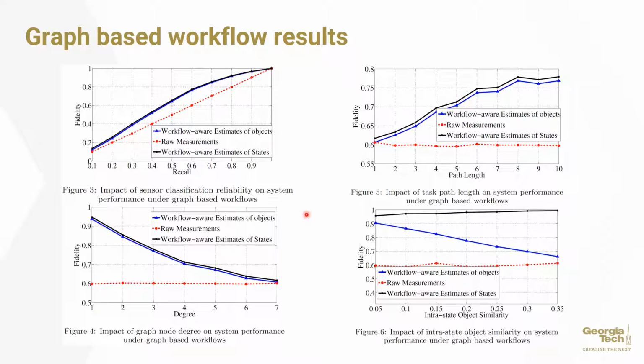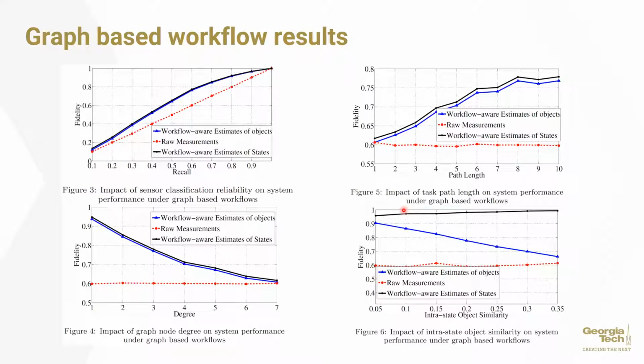So the final graph is showing us the inter or intrastate object similarity and how that compares to your system accuracy for both the estimate of objects, estimate of states, and raw measurement systems. And the clear, more accurate system here is going to be your estimate of states system, which has nearly 100% accuracy of the system given a variation in your object similarity.